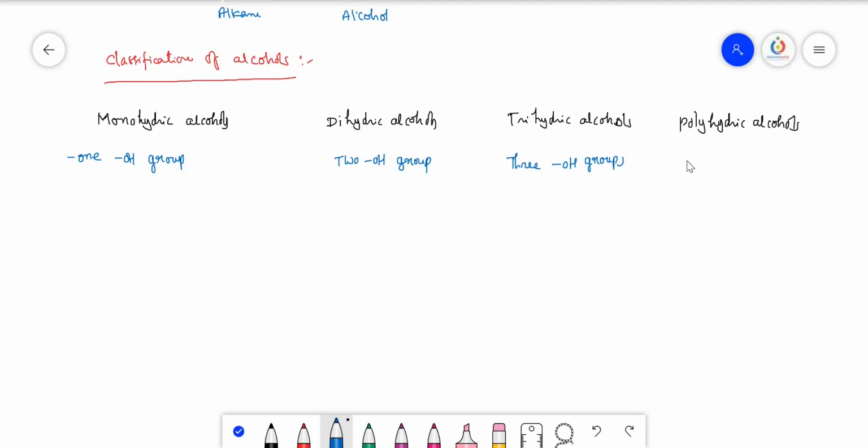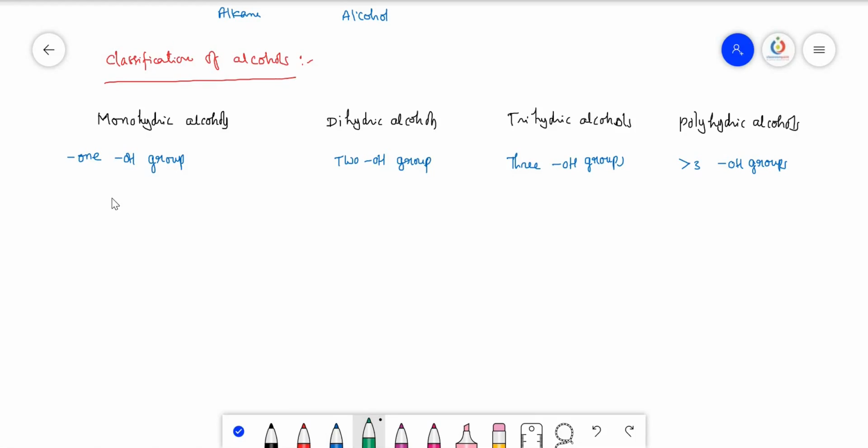And polyhydric alcohols are having more than three OH groups. So these are called the polyhydric alcohols. Now let us take the example of each and every one of these categories. So first of all, monohydric alcohols.